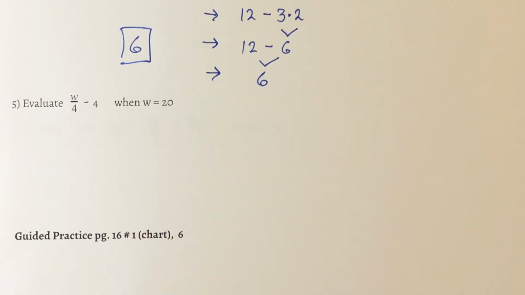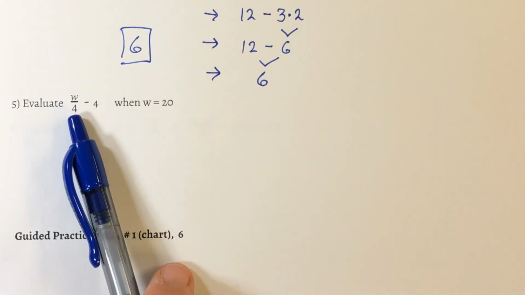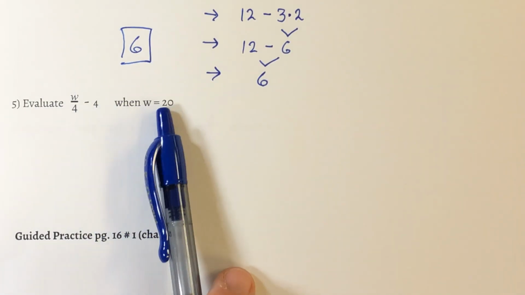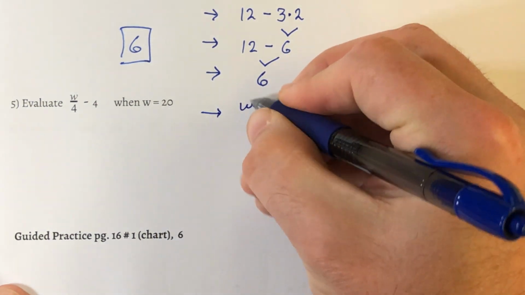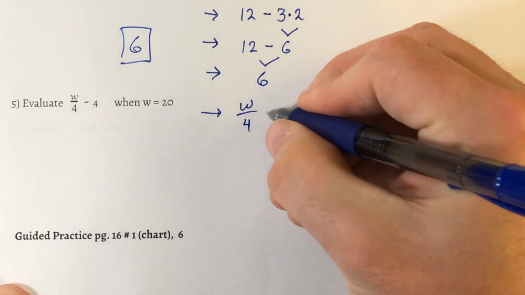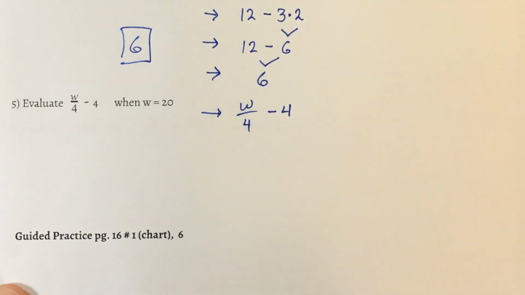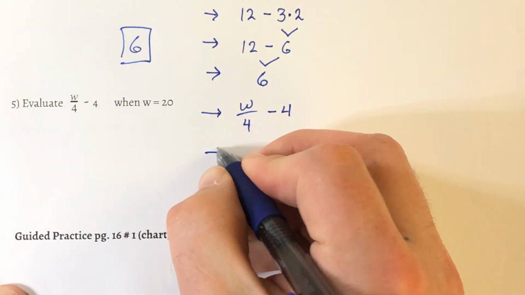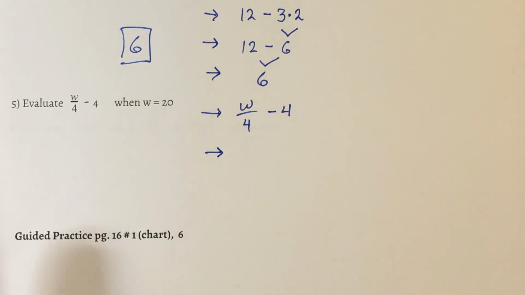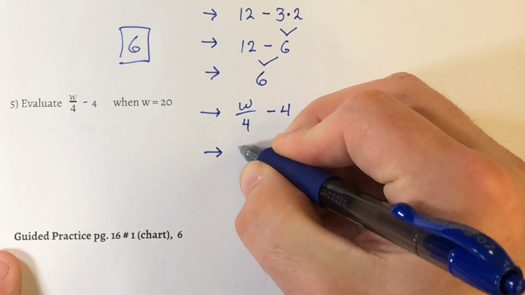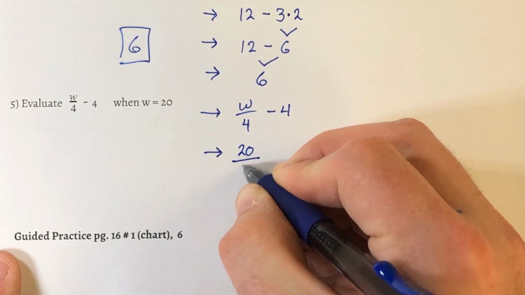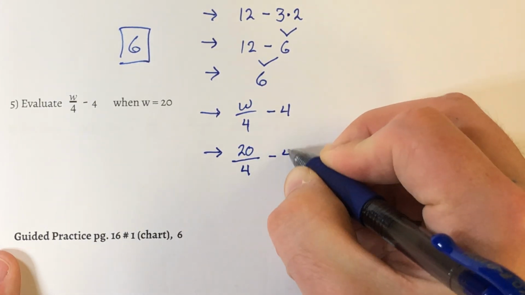Fifth example, evaluate w over 4 minus 4 when w equals 20. First step, write down your problem. So w divided by 4 minus 4. Second step, replace or substitute all variables with 20. So w is 20, so we're going to write 20 over 4 minus 4.